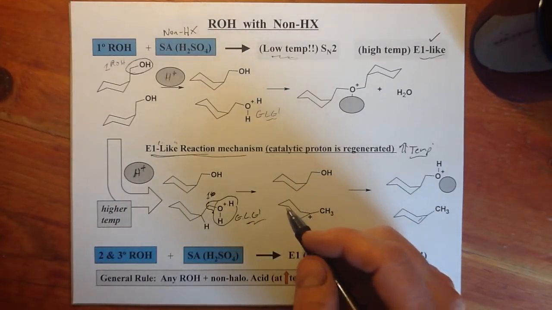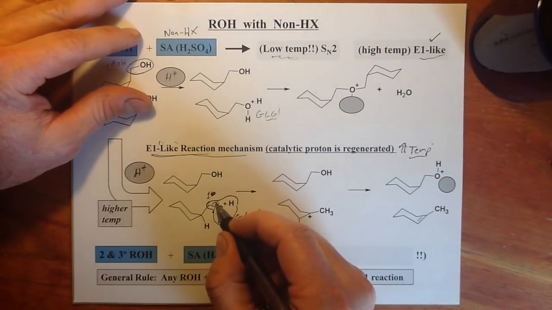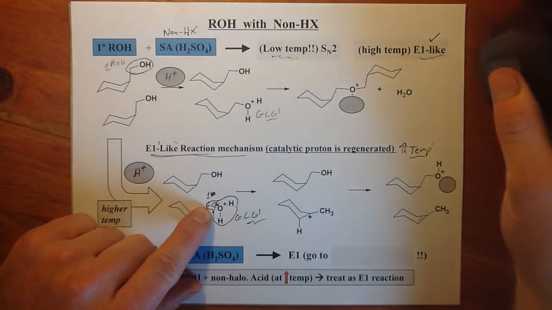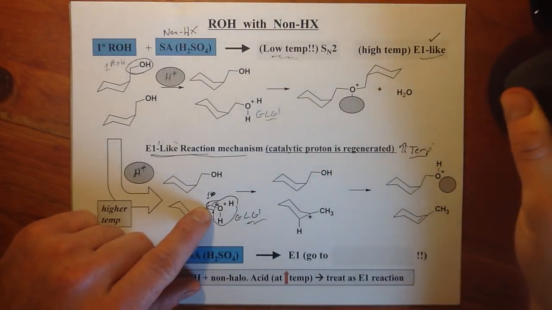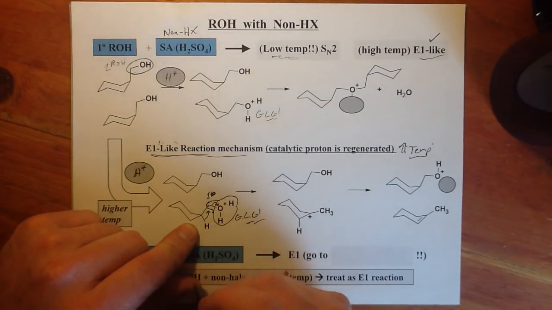Let's push that. What happens here is as this is breaking away, water is going to break away. We can't have a primary carbon here that's positive. You can't have a primary carbocation. What we can do is treat it as if it forms, and while it's forming, we get a rearrangement.